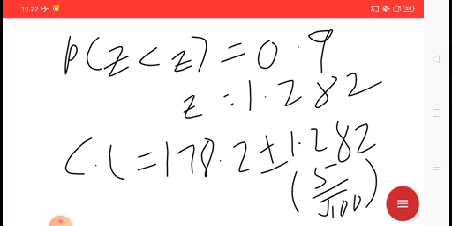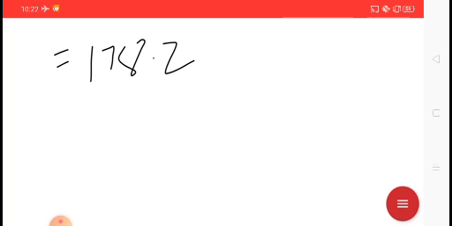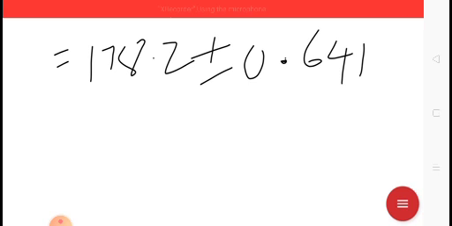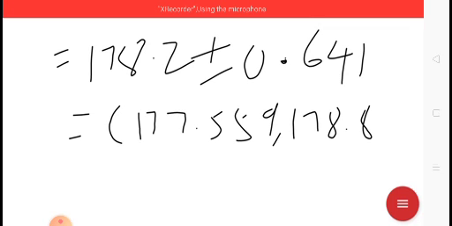By expanding it, you should be able to get 178.2 plus minus 0.641. So your 80% confidence interval will be between 177.559 and 178.841.